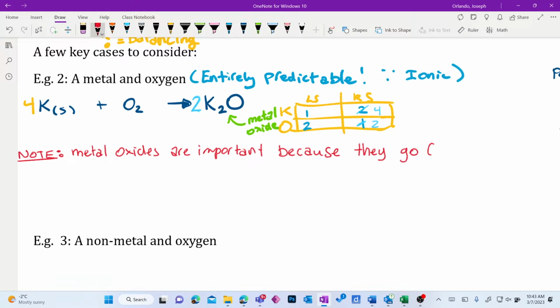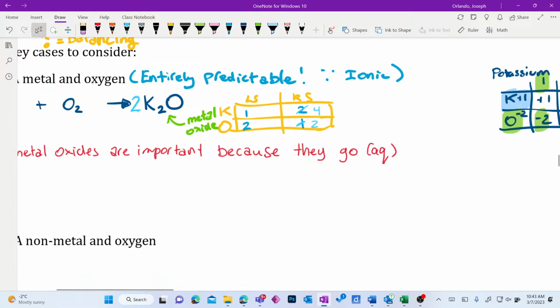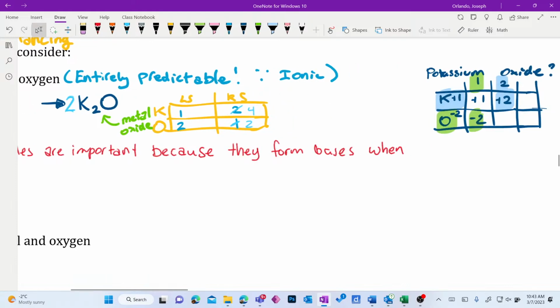And I'm going to say they go aqueous. I'll just say when dissolved in water. I changed my mind. Forget it. That was unnecessarily difficult.